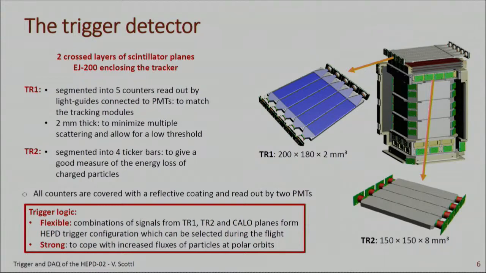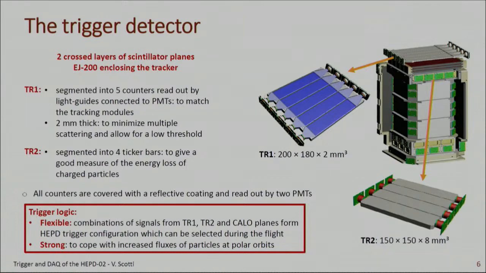The second layer of trigger is segmented into 4 thicker bars, to give a good measure of the energy which can reach the second layer. The trigger logic will not be based only on the signals coming from the 2 layers of trigger, but also on signals coming from the calorimeter.